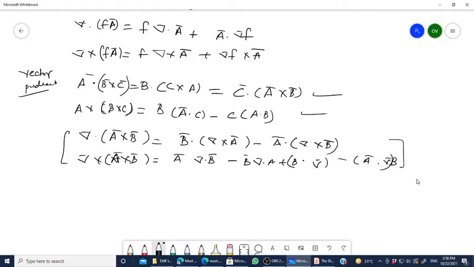Okay, so the rectangular coordinate, ax, अगर हम इसको लिखना चाहें तो आप लिख सकते हैं a dot b को, if a is ax i plus ay j plus az k, इस तरह से लिख सकते हैं हम लोग. तो a dot b आपका बनेगा ax bx प्लस ay by प्लस az bz in the rectangular form.